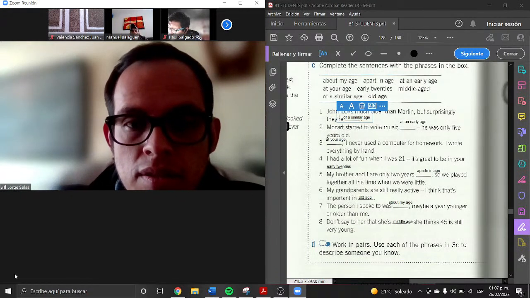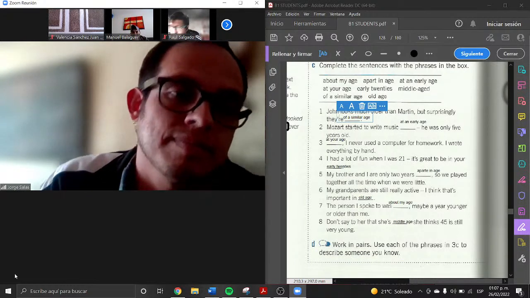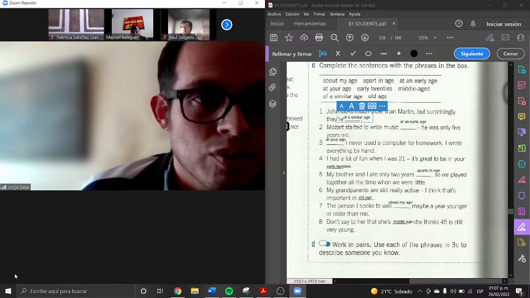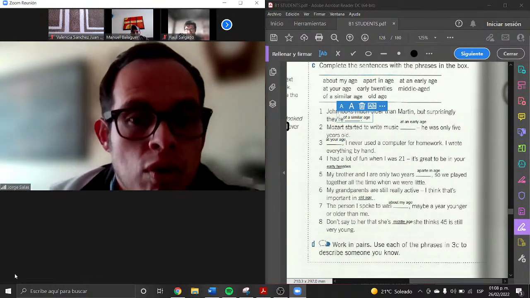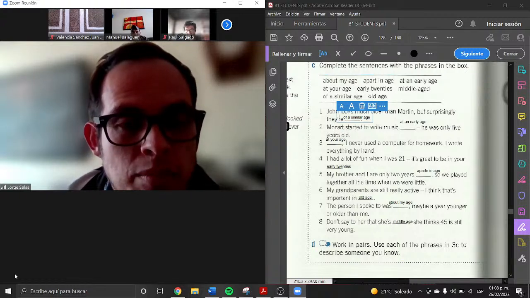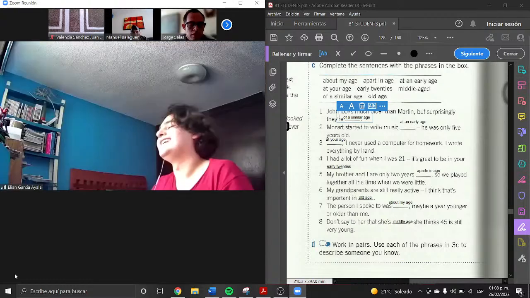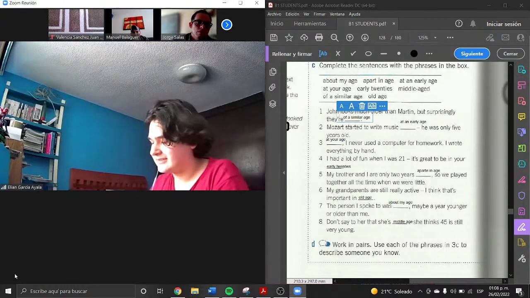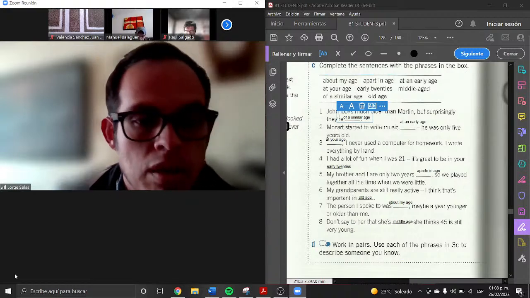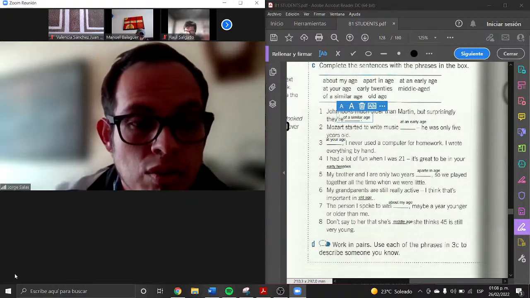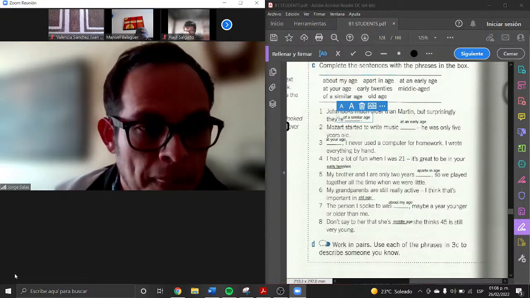And it says it must be a different one. Resist the temptation of using exactly the same work from the write and improve exercise. Don't use the same one. They are going to be similar, yes, because you're telling a story, because you're using the same vocabulary. Okay, don't use exactly the same piece of writing.